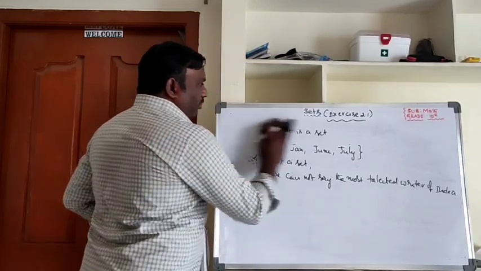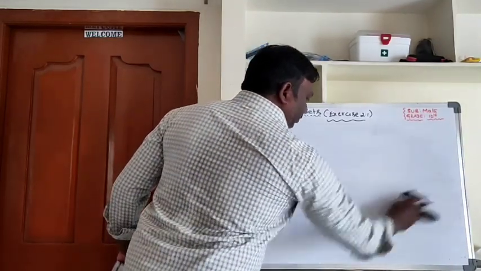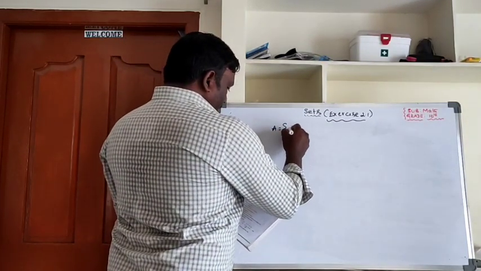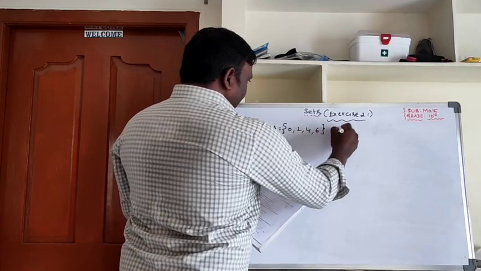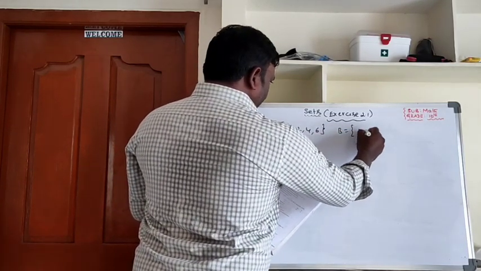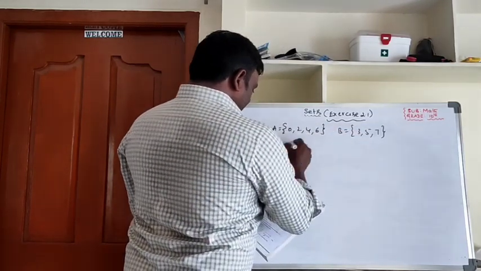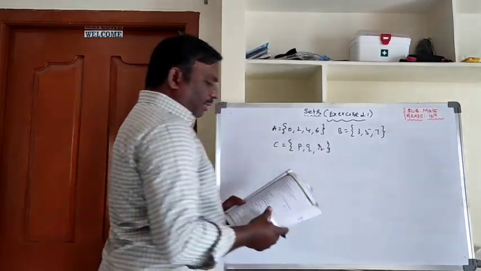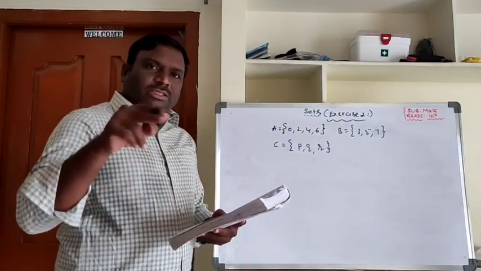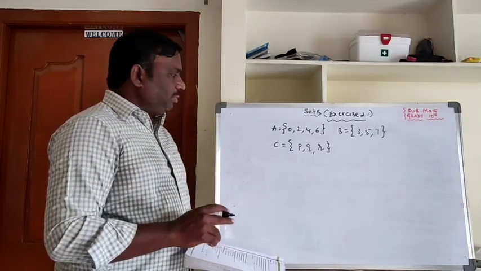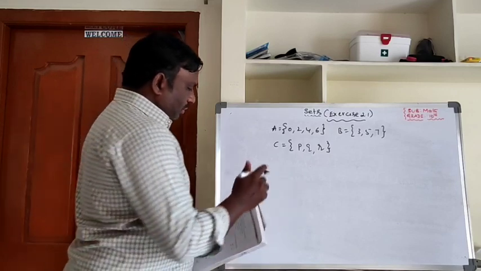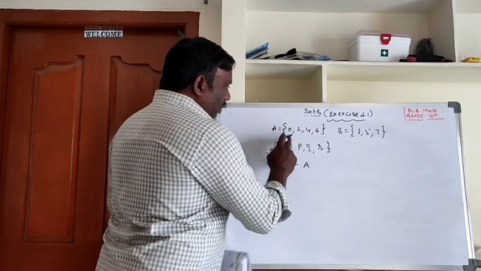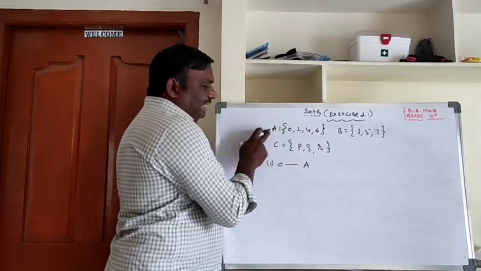If you go to the second main question, what is it? They gave set A: 0, 2, 4, 6, set B: 3, 5, 7, and set C: P, Q, R. Then fill in the appropriate symbol, belongs to or does not belong to. Already I explained what belongs to and what does not belong to. So 0 dash A. Is 0 belonging to set A or not?